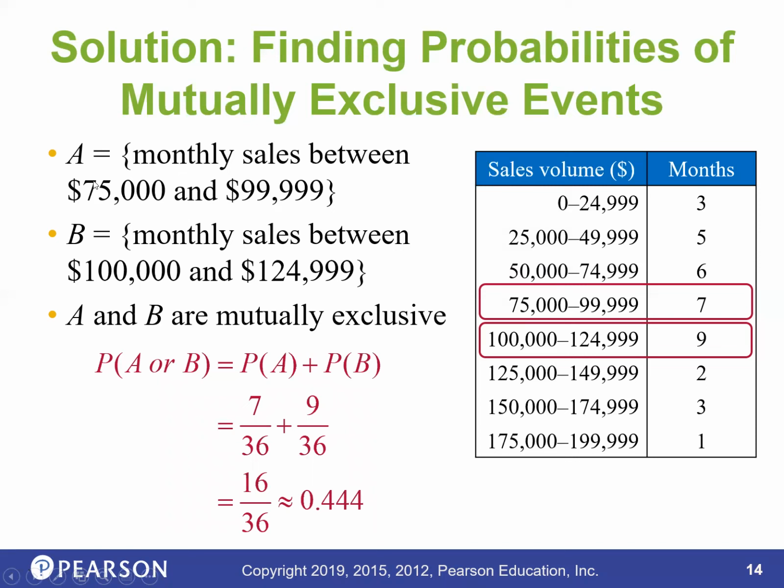So the probability of A happening or the probability of B happening, there's no overlap, so it's just the two probabilities added together. And I don't know why the author keeps it like this, 16 over 36, because we can reduce those.